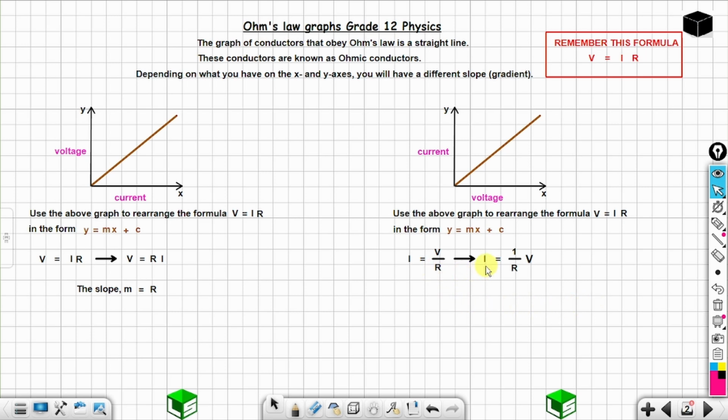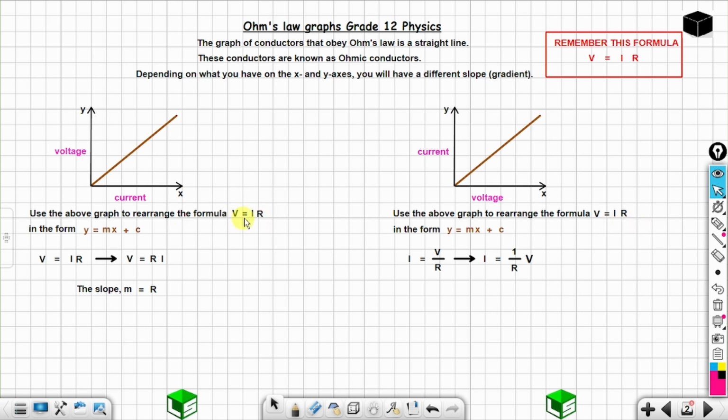We carry on. Now you can see current is the subject of the formula because current is on the y-axis. So your y is current, your gradient is 1 over R, and x is V, the voltage. Can you see voltage on the x-axis? Whatever you have on the y-axis, you are going to make it the subject of the formula by rearranging this formula.